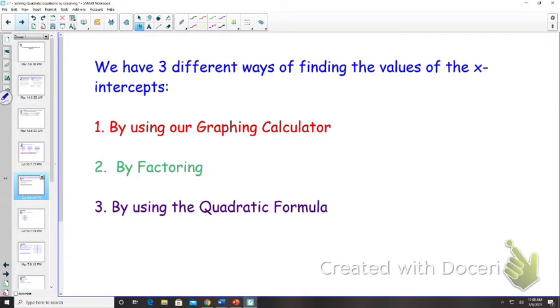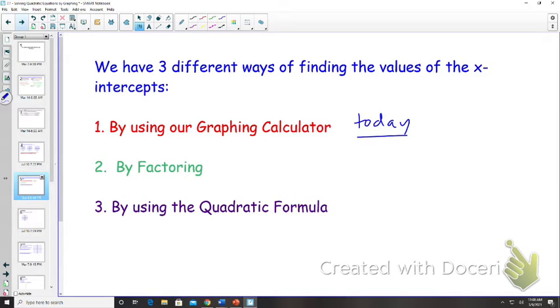So, there are 3 different ways of finding the values of our x-intercepts. So one, you can use our graphing calculator. That's what we're going to be doing today. Later on this week, we're going to get into factoring. So we're going to do some trinomial factoring, some binomial factoring, difference of squares.